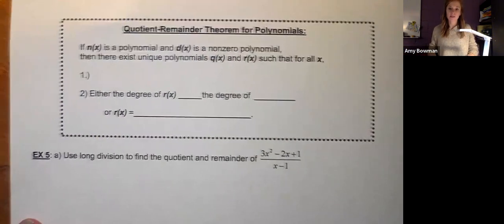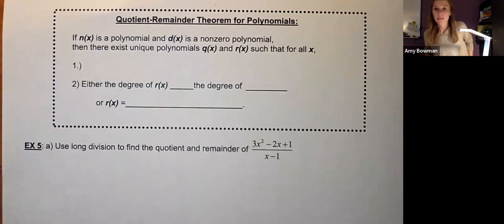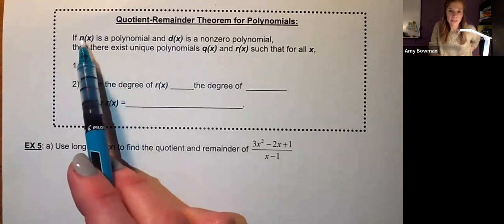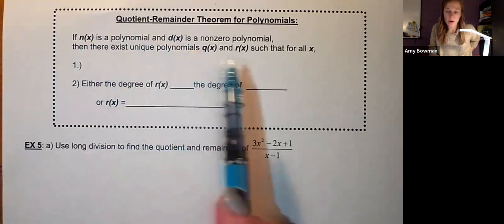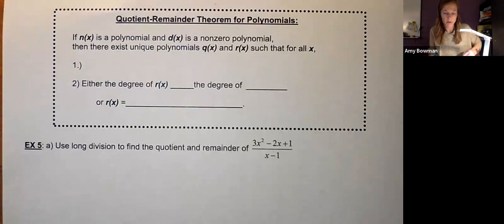Now we're going to apply this to polynomials. Like I said, polynomials and integers have a lot of the same properties. So same ideas. Instead of n, d, q, and r, now we have n of x, d of x, q of x, and r of x. Those are all polynomials now.